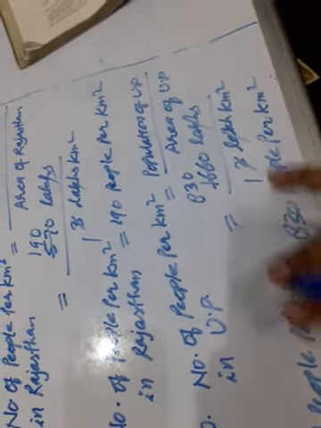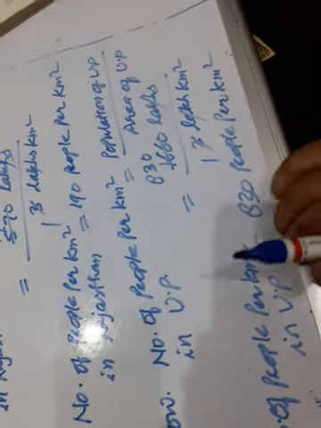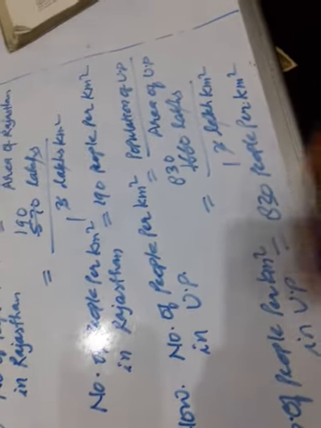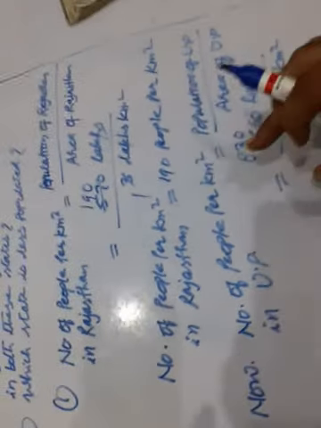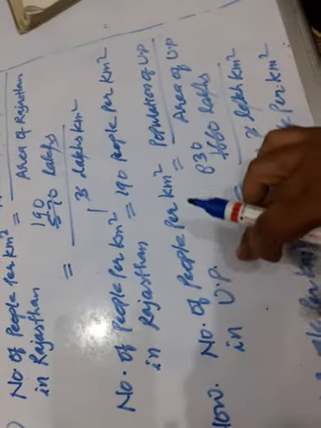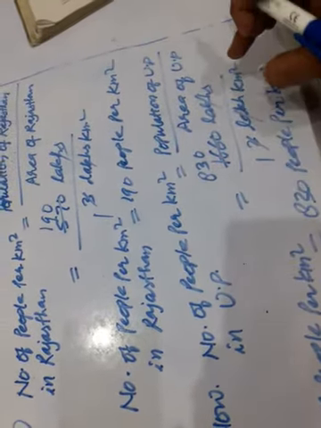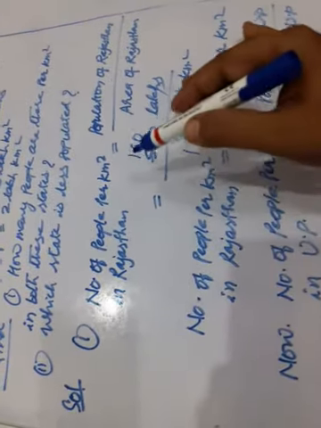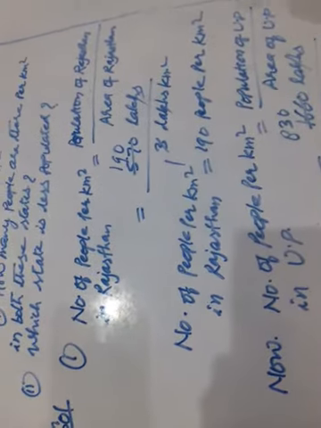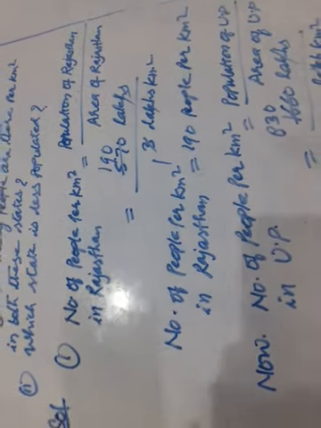So you have found the population density of both the states, children. Clear? The number of people per square kilometer in UP is 830, whereas in Rajasthan it is 190 people per square kilometer.